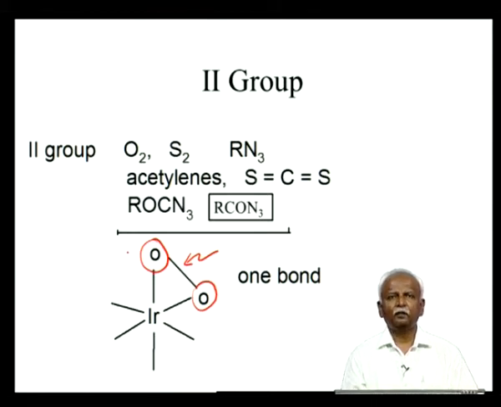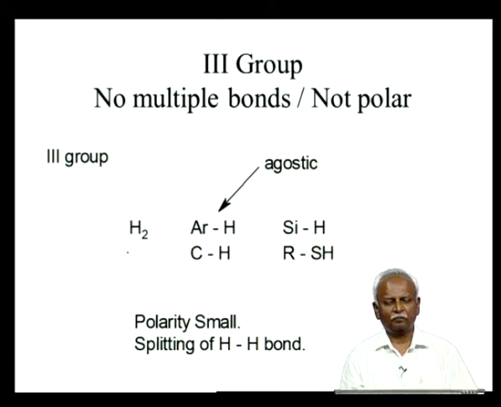And secondly, you do not isolate intermediates during the course of this reaction. So, that separates class 1 from class 2. Secondly, you also find that class 2 is not necessarily polarized. They do not always add to olefins to form addition compounds in the organic reactions which we know. So, let us proceed further.